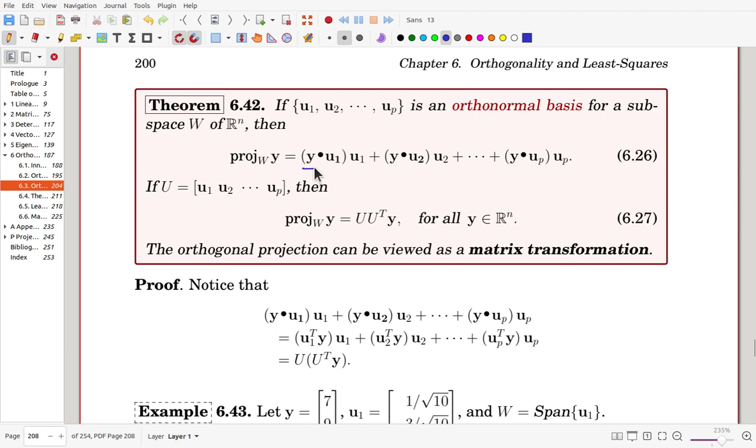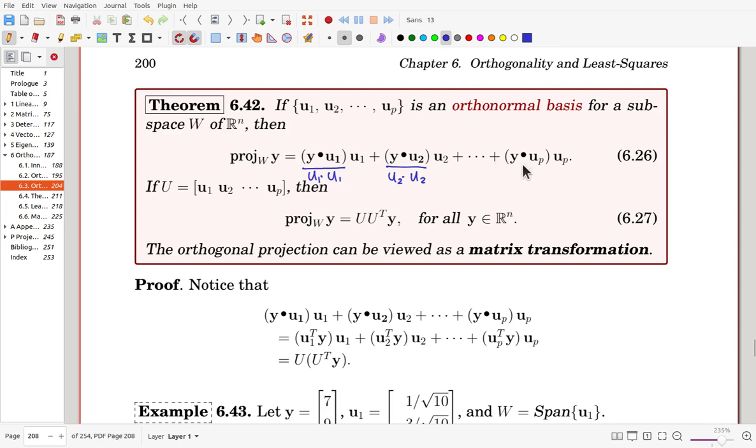Originally, here we have on the bottom u1 dot u1, and over there we have u2 dot u2, and so on. However, this dot must be 1 because this is an orthonormal basis. So we ignore that, but this is just the formula.